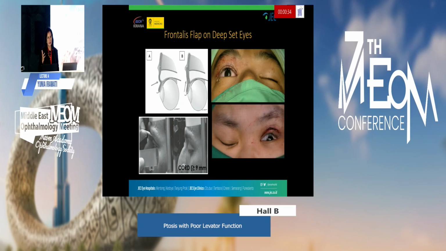But I had difficulty in 2 cases with deep set eyes, meaning the frontalis is protruded. That makes the distance from the cornea to the frontalis flap too far, and sometimes the eyelid is not in a good position. That can cause entropion or something else.